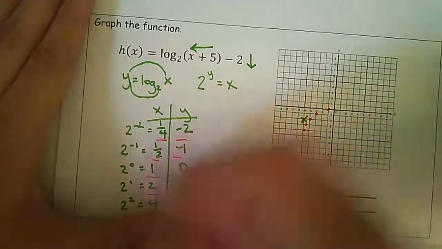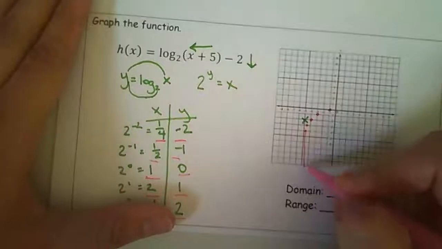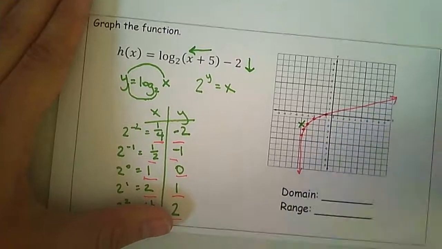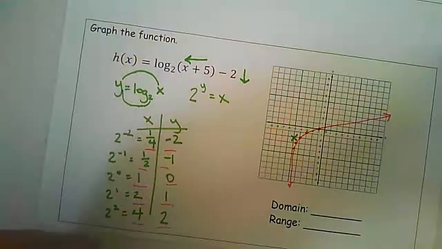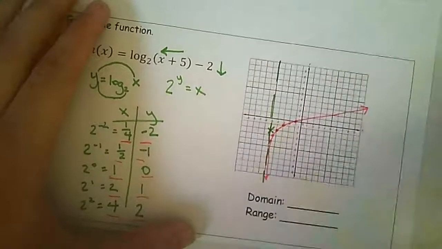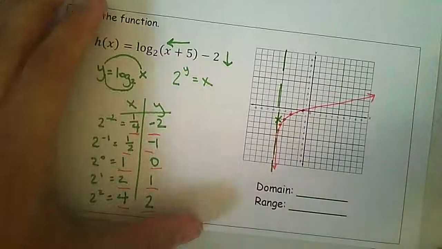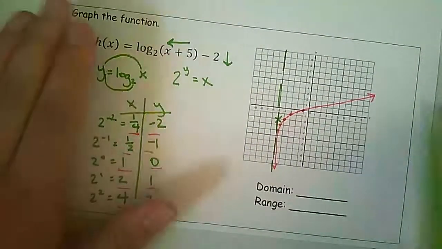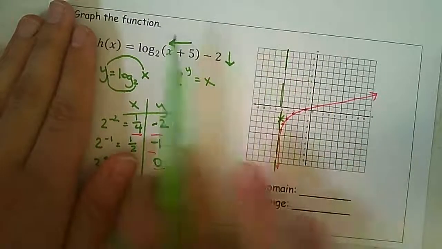And again, I could put any value in for y, so this graph is going to go on forever. And we know it's going to get closer and closer to this imaginary vertical line here. That is our asymptote. So if I look at our x values, there are no x values over here whatsoever.